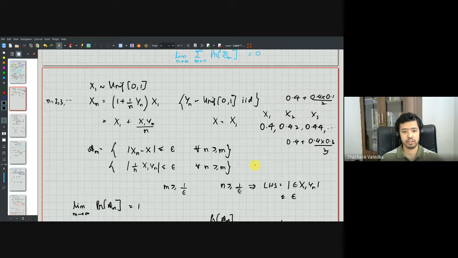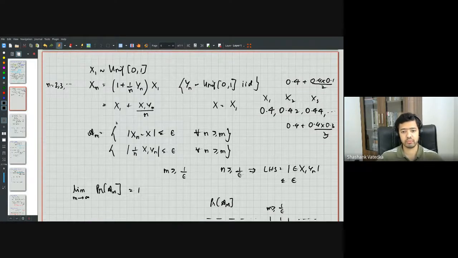Suppose I want to simulate this particular sequence of random variables and know how it behaves. Just write a short program using Python or MATLAB or C or whatever your favorite programming language is, and try to simulate this. So how would you simulate it?